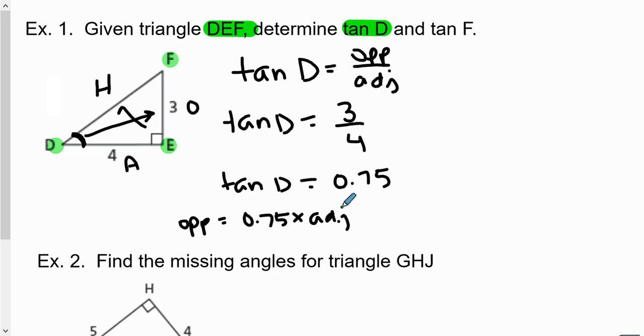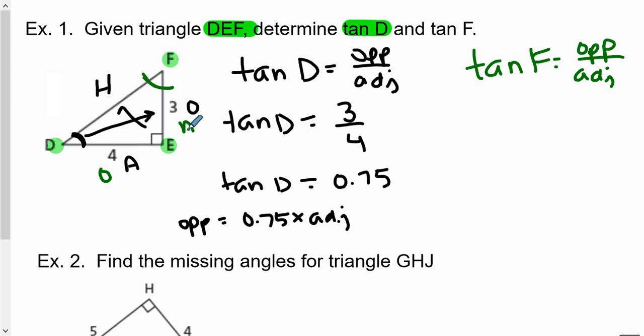Right? So angle F, we want to label that one separately. Tangent of F, same ratio. Still the opposite and adjacent sides, but because we're talking about a new reference angle, now length 4 is the opposite side, and length 3 is the adjacent side, because angle F is a different angle. So the tangent ratio of F is the opposite over the adjacent.